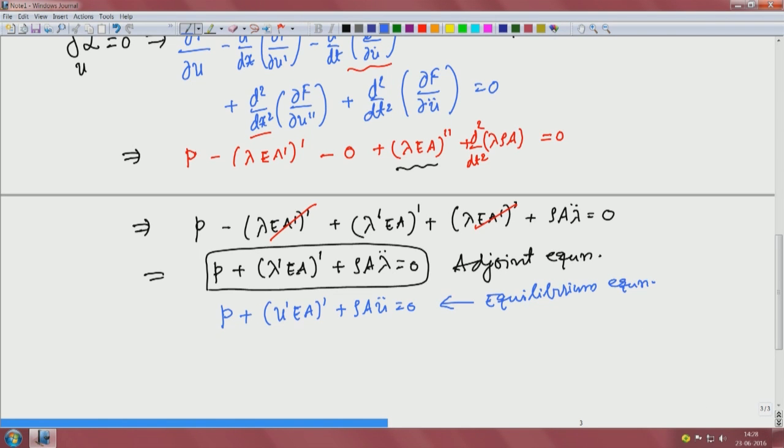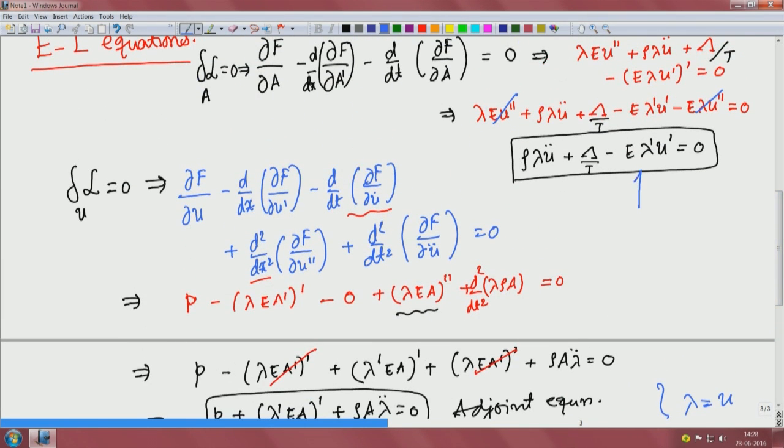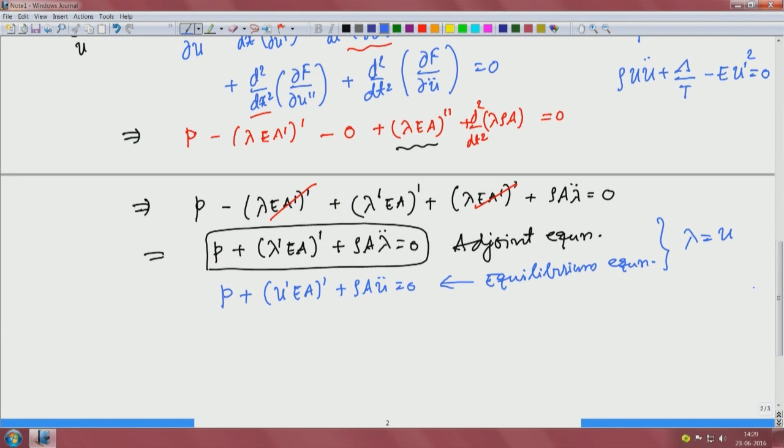So, we can conclude from these two that lambda x t is equal to u x t. We substitute this back in the design equation, we get rho u u double dot plus lambda by t minus E u prime square equal to 0. That is what we get. So, once you know u, you can compute u prime, and then we will say what lambda is. Then we can use the optimality criteria method to solve this problem. Okay. So, the adjoint equation can be easily solved.